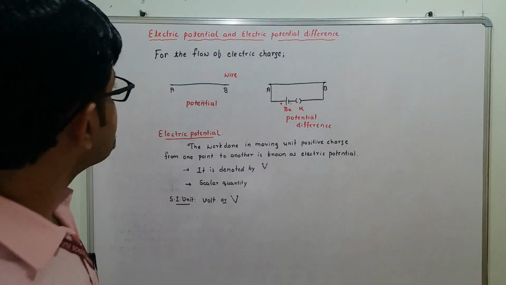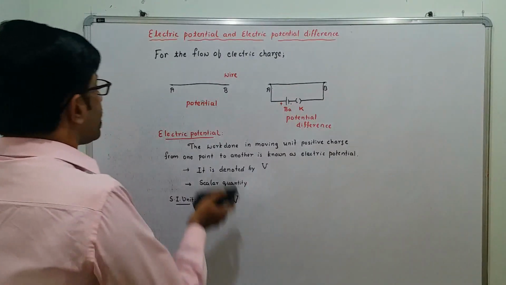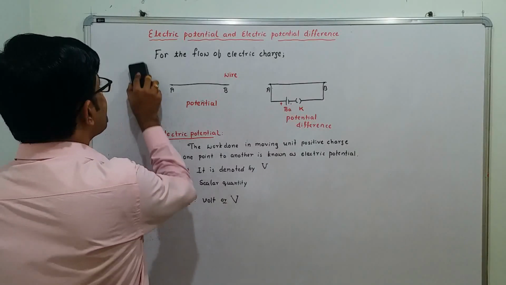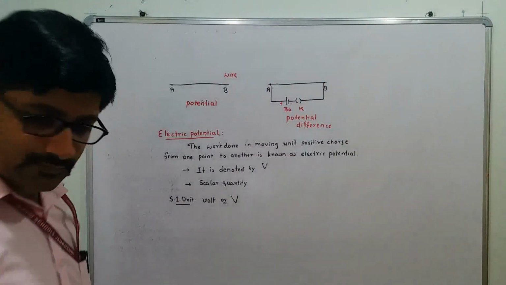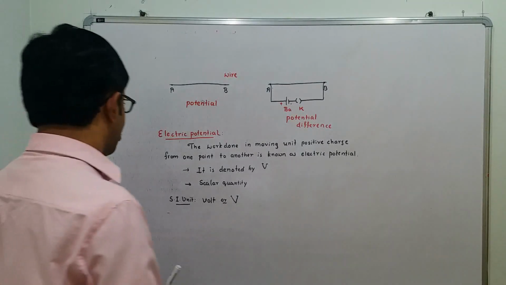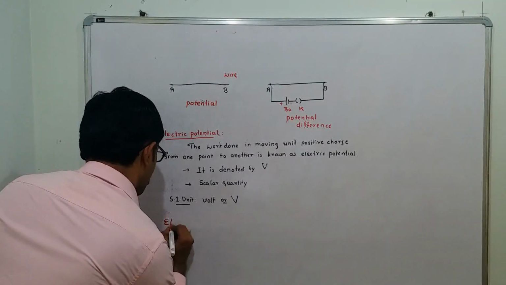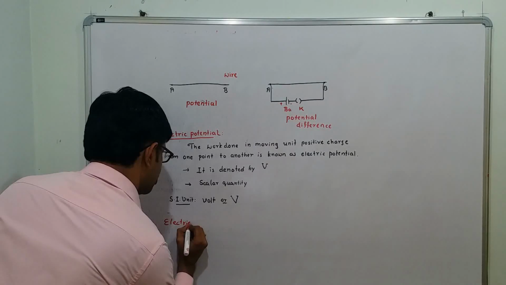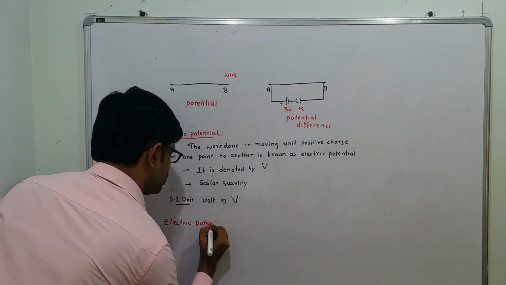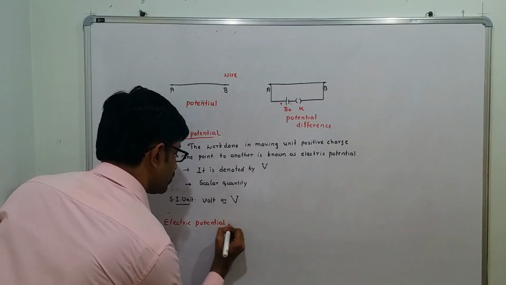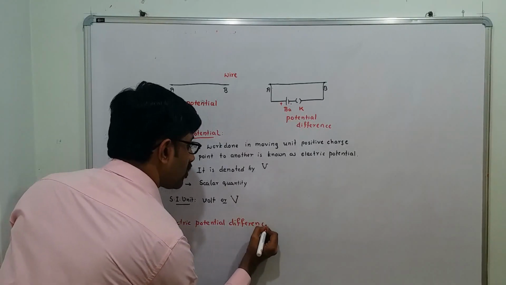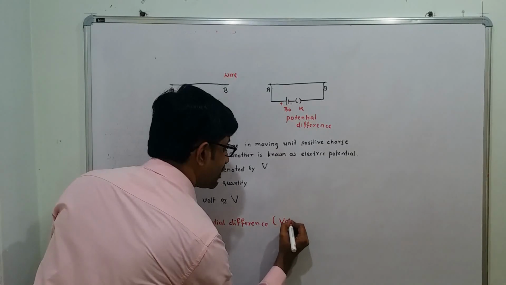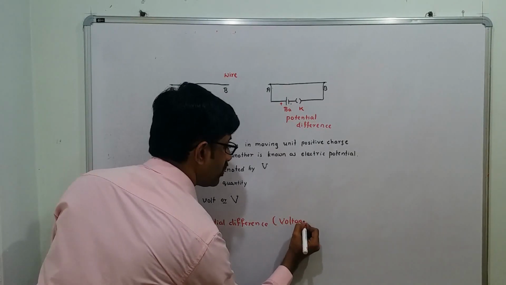Now let us move to the next part, that is electric potential difference. Now let us define electric potential difference. It is also called voltage.